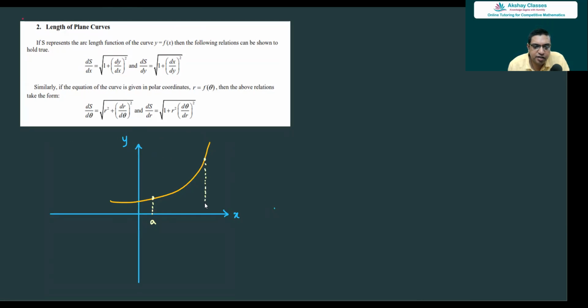It's not a straight line. I want to find the arc length, the curved length along the curve. How do I do this? Now just consider a very small portion. This is also large, but we are enlarging it.